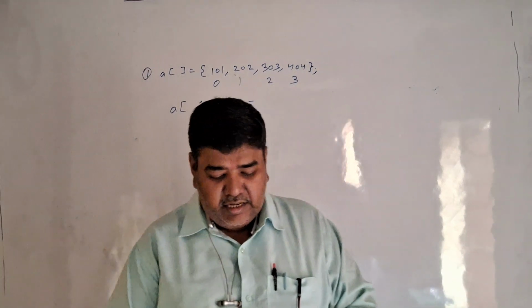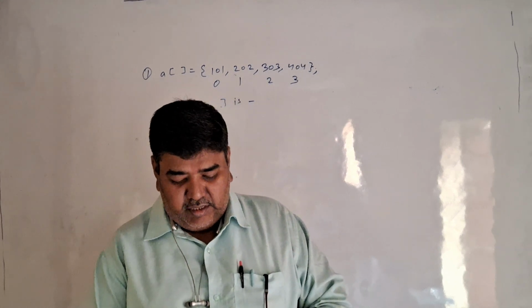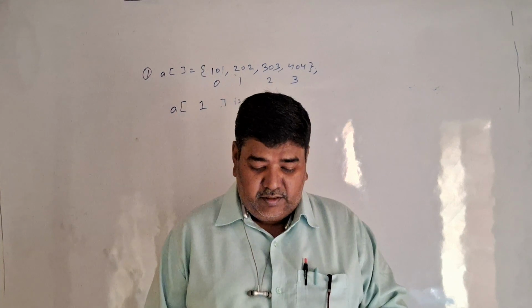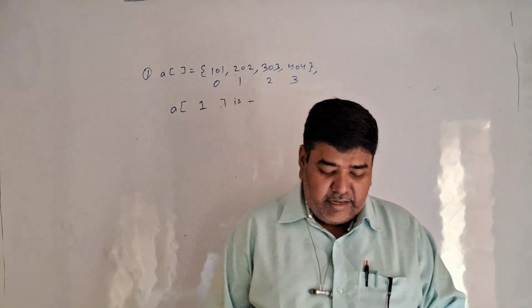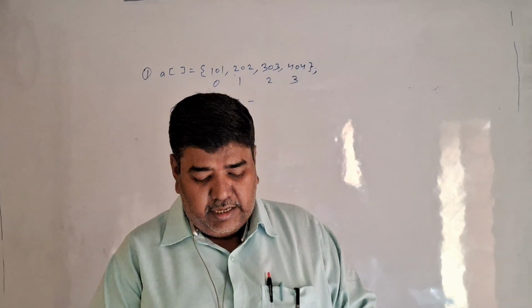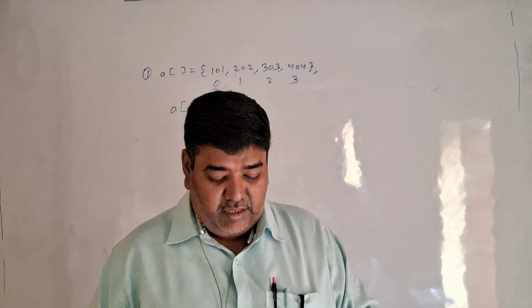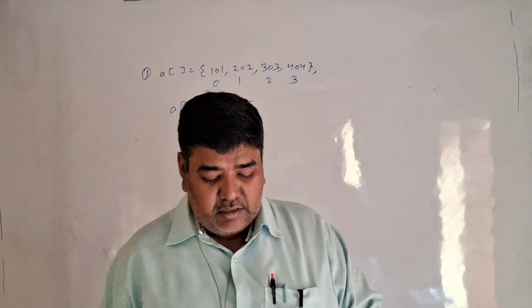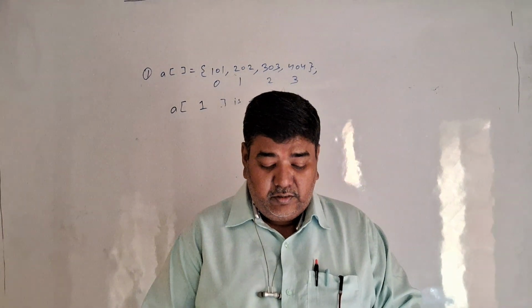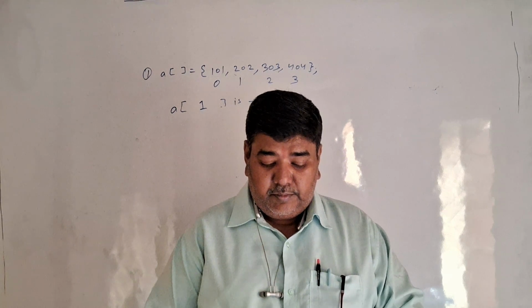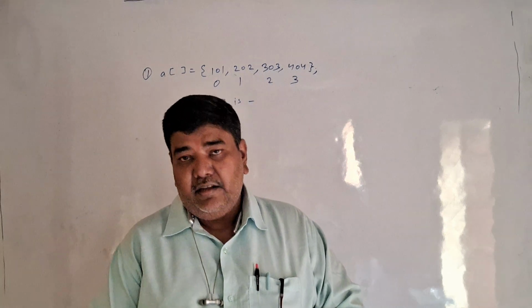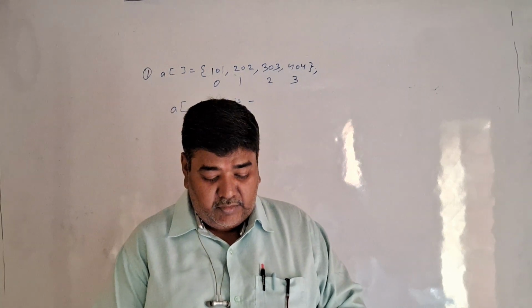So both assertion and reason are true, and reason is a correct explanation of assertion. Second, both are true and reason is not a correct explanation of assertion. Assertion is true but reason is false. Assertion is false but reason is true. So which one will we go with? First one, assertion and reason both are true, and reason is the correct explanation.